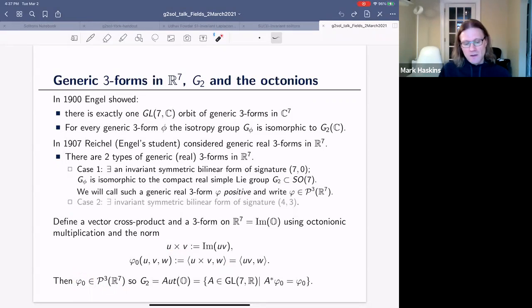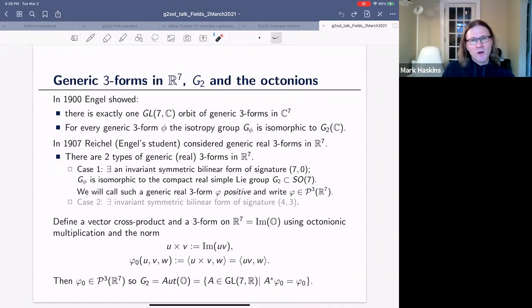Clearly, if I take an automorphism of the octonions, it's going to preserve this and also the cross product. So anything that is an automorphism stabilizes phi, but in fact the reverse is also true: anything that just preserves the 3 form must preserve the whole structure of being an automorphism of the octonions.